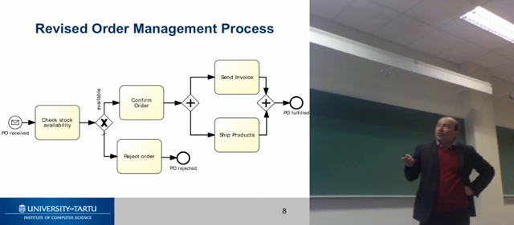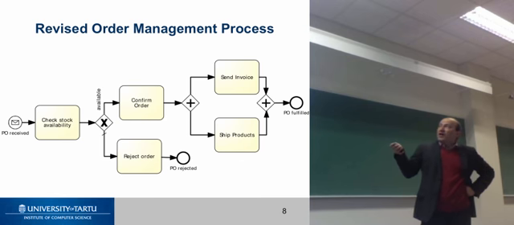Otherwise, you confirm the order, and after you confirm the order, this is what we call an AND split. You do this branch and the other branch, you send the invoice and you ship the products. This is not an AND split. It's an AND join, it's the opposite. You will know that something is a split or a join because a split has multiple outgoing arcs, and a join has multiple incoming arcs.